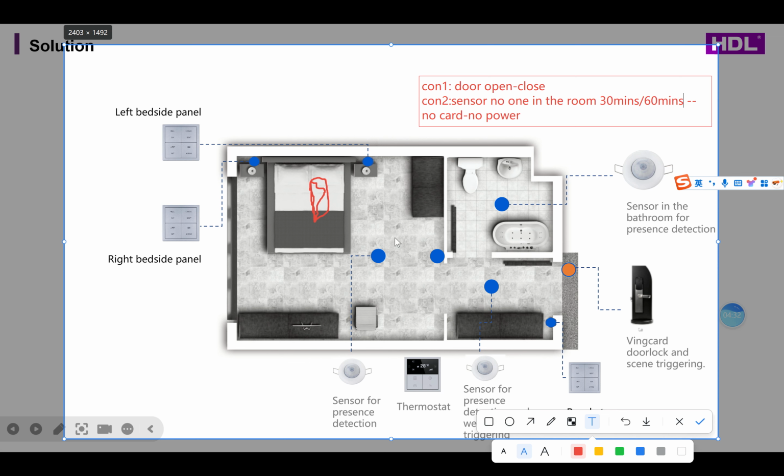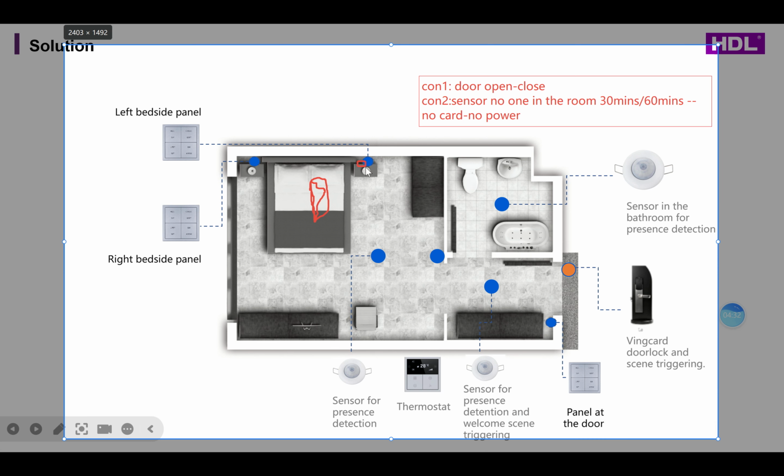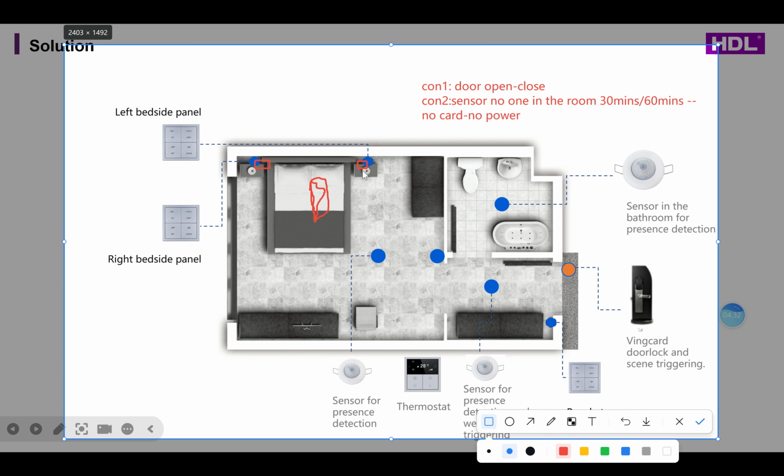We can make this too. But according to our experience making solutions for a lot of Marriott hotels and Accor hotels, our solution is not like this. Guys, do you remember yesterday I mentioned in the bedside we will have a panel. In this panel, our solution is through programming.